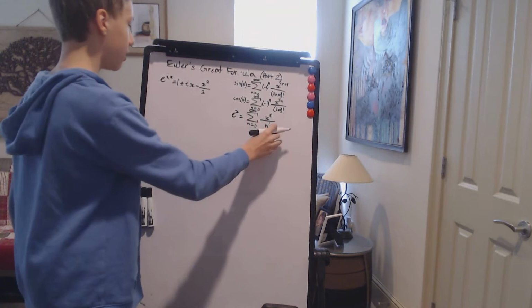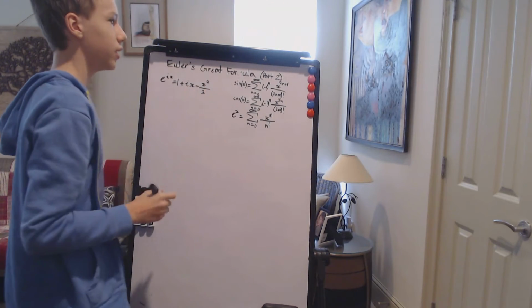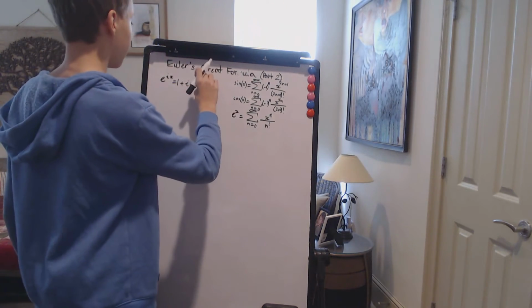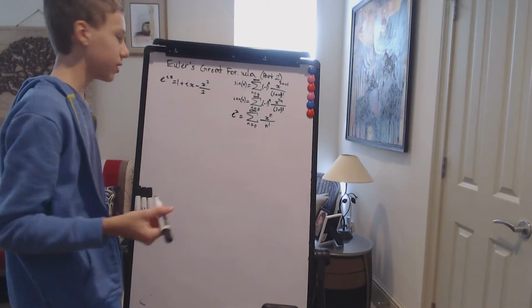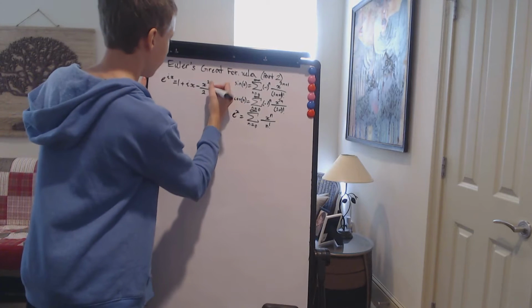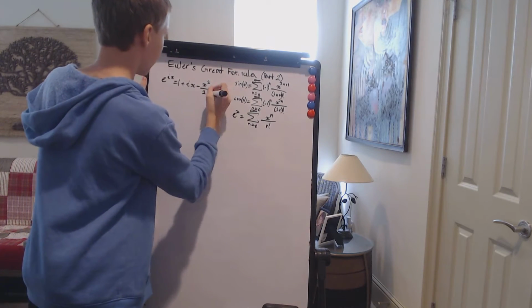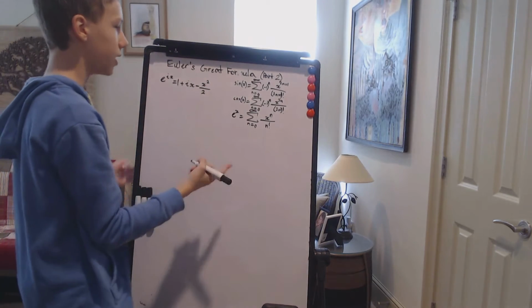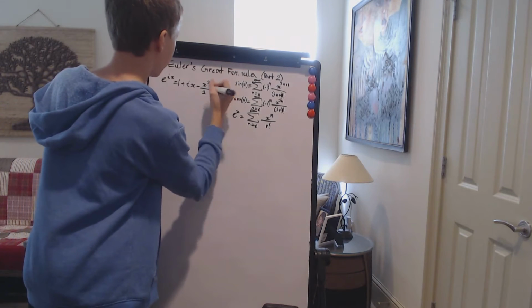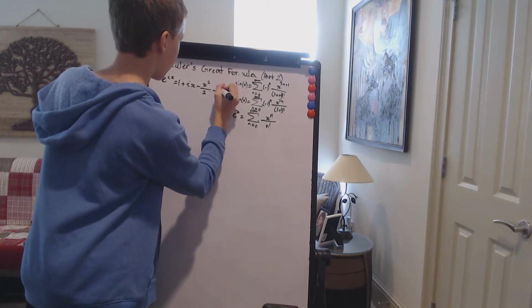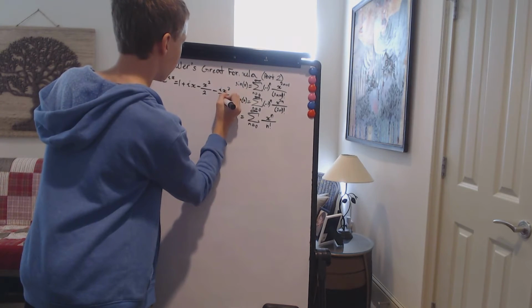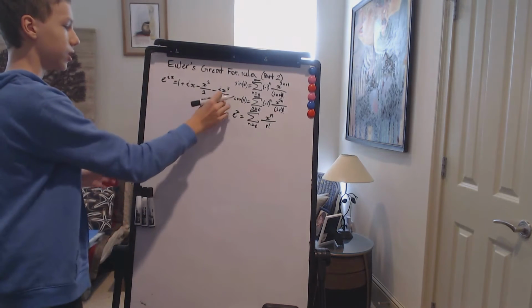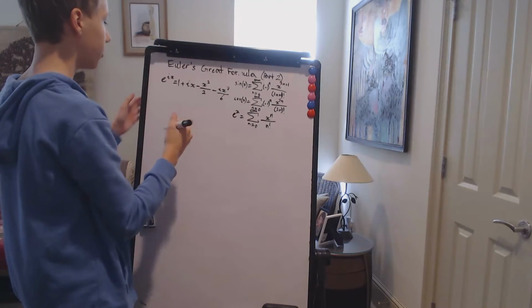So i cubed. What happens if we multiply negative 1 by i? Then we get negative i, so we still get minus here, so we get minus i x cubed over 6, because we're plugging in for 3 factorial here.